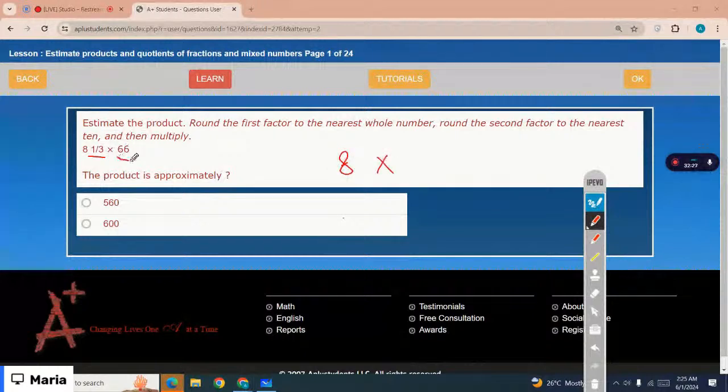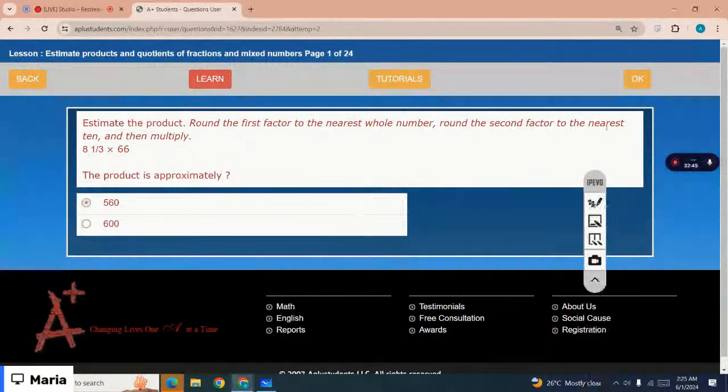Then you have 66. You need to round off 66. So 66 is rounded off to 70. So that would be 8 times 70 is 560. So the correct option is 560. Option number 1 is the correct option.